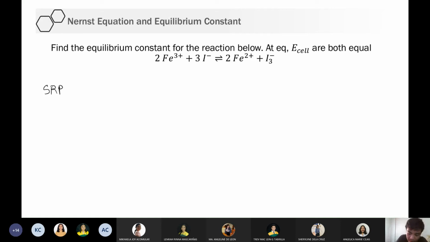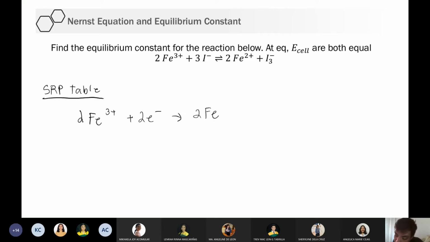Ito yung nasa SRP table, yung tinitignan natin na reference. Paki-note na lang ha, screenshot nyo or panoorin nyo na lang uli after the class.